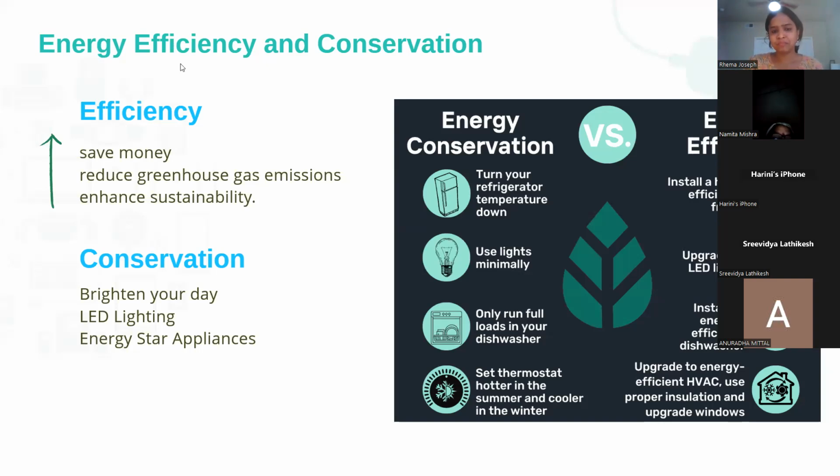I wanted to ask: can someone very nicely tell us the difference between efficiency and conservation? They're two different words with the same intention, but they actually mean two different things. How would you differentiate efficiency and conserving?